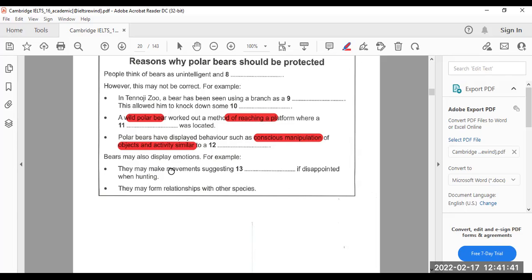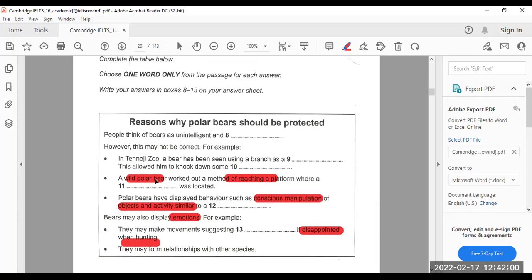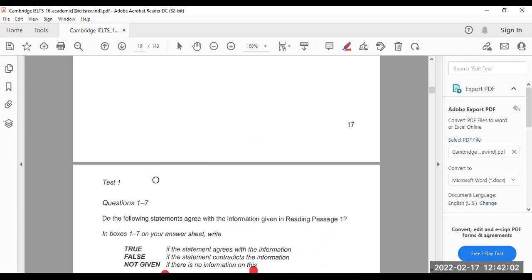And bears may also display emotions. For example, they may make movements suggesting dash if disappointed when hunting. So it's something related to emotions, and the question is what happens if disappointed when hunting. So with this, I go to the passage.